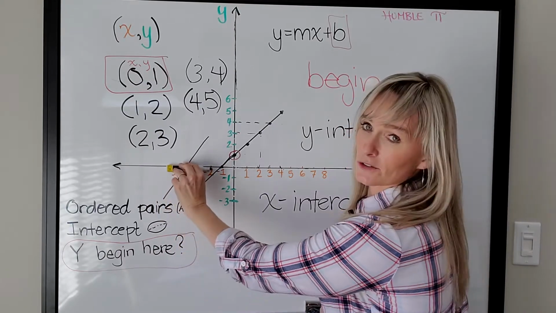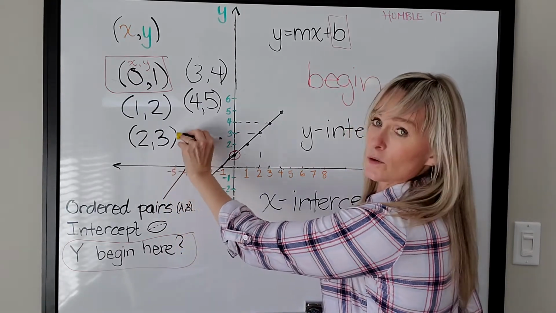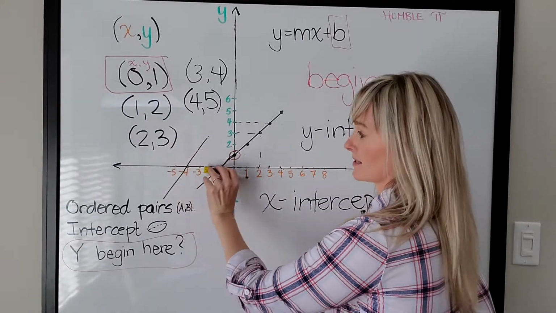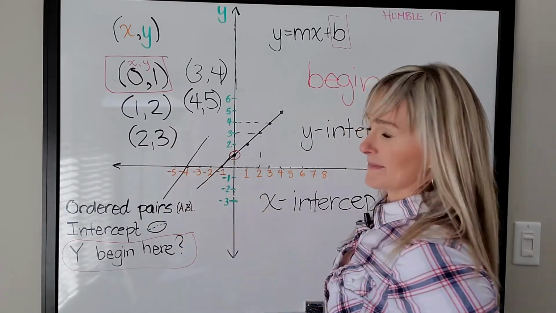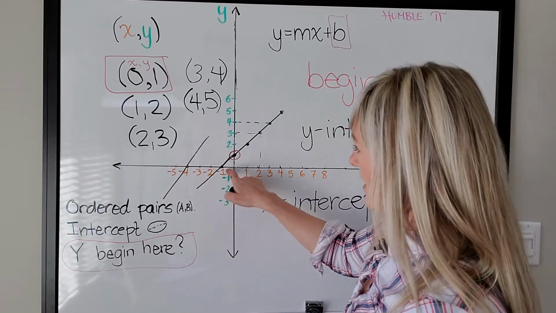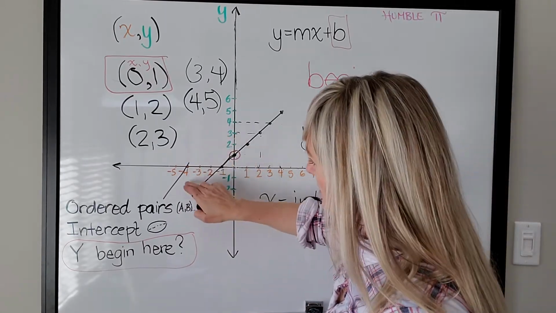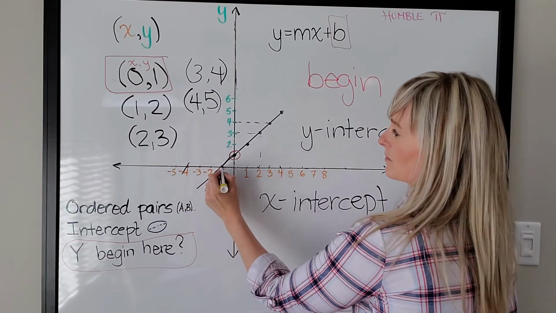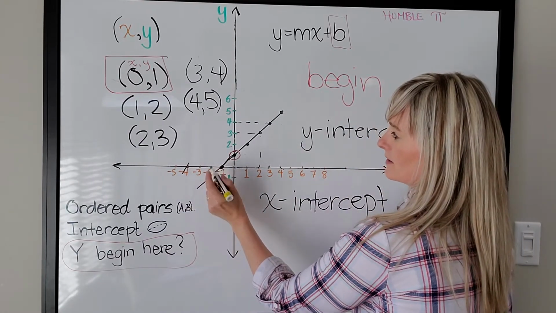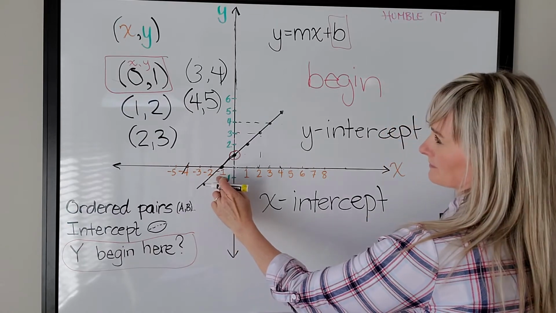I'm on the original floor. I didn't go up to 1 or 2. I didn't go down. I stayed right on that main floor. So that means 0. So right here, my x-intercept for our original line that we were talking about, we've got y is 0 and x is -1.